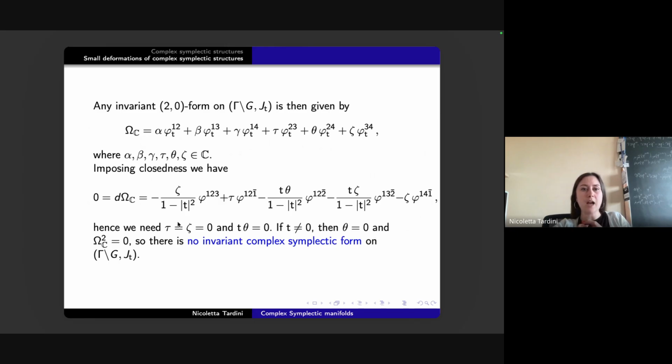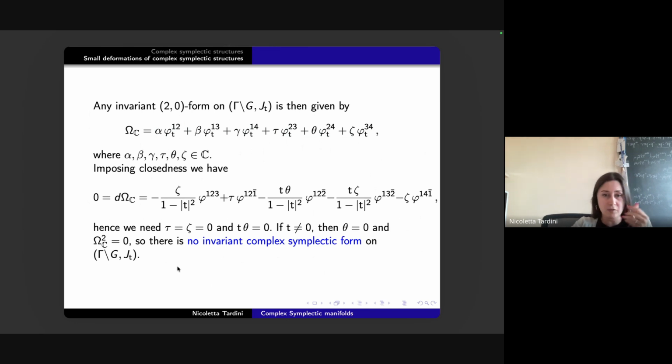But now we have that tau, zeta, and theta are 0. And so omega, to be closed, has to have only these three terms, but so it cannot be non-degenerate. So omega squared is 0. And so this proves that we don't have any invariant complex symplectic form on the deformation.